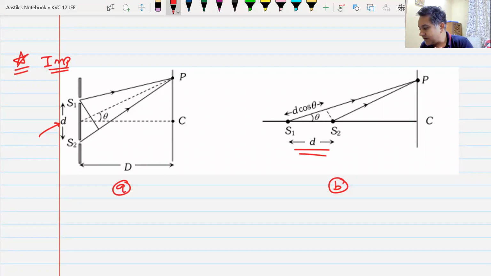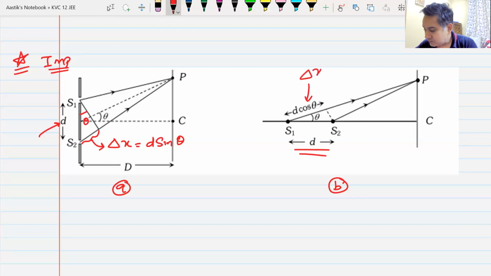Now, if we are having interference from horizontal slits, the path difference, in this case, this was the path difference, yes or no? And that path difference was d sine theta, where this angle was theta. Here, if this angle is theta, the path difference becomes d cos theta.